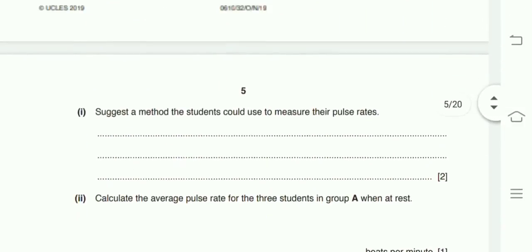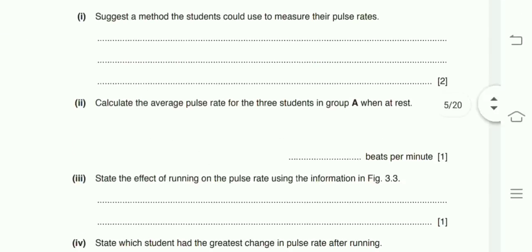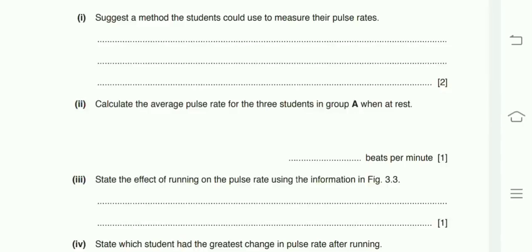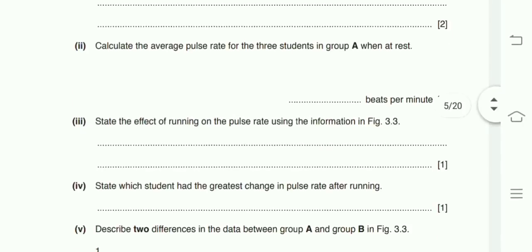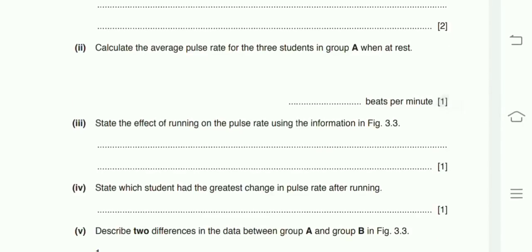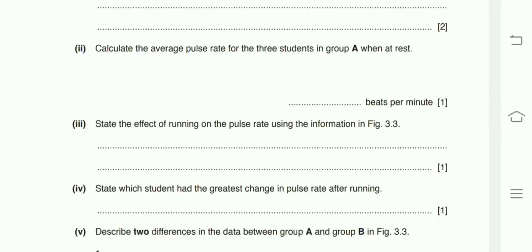Okay. Then suggest a method the students could use to measure their pulse rate. We can use a finger to feel it, and then we can listen to the heartbeat. And then the next one is calculate the average speed. And then the next one is state the effect of running on the pulse rate using the information in figure 3.1.